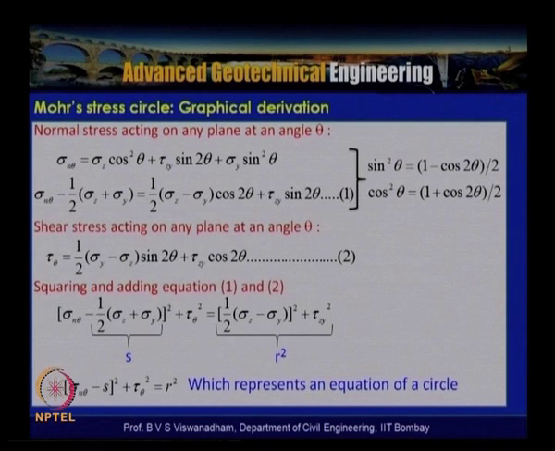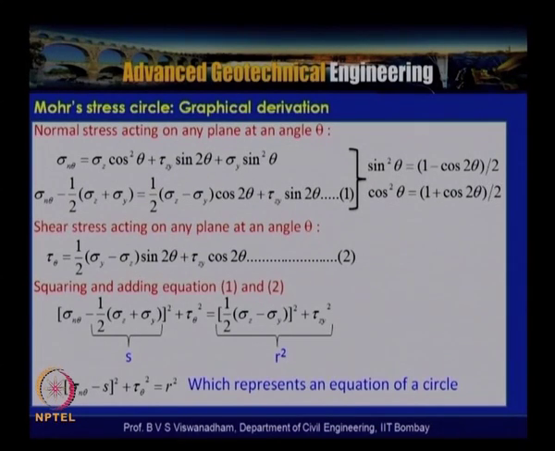Now this deduction can be obtained like this. The graphical derivation is that, once again, we can say that the normal stress acting on any plane at an angle theta, which is nothing but sigma n theta, we can write as sigma x cos square theta plus tau xy sin 2 theta plus sigma y sin square theta.